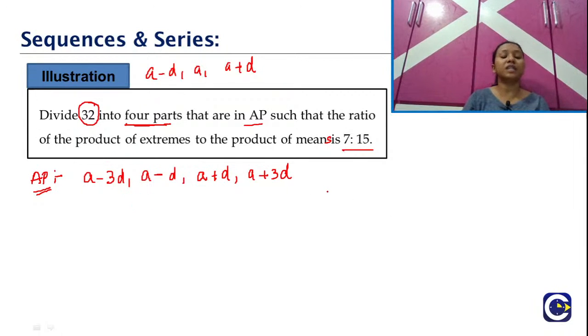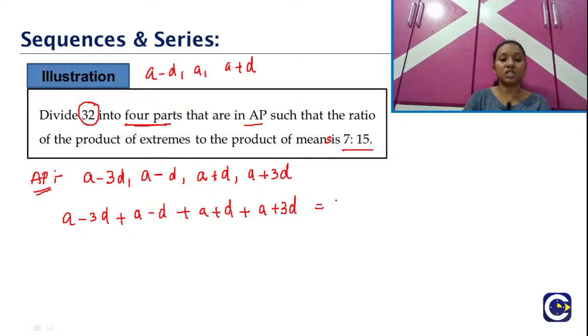So from where we can get the first condition? Let's first do the sum of all these 4 parts and equate that to 32. So A minus 3D plus A minus D plus A plus D plus A plus 3D, the sum of the 4 parts, must be equal to the number 32.